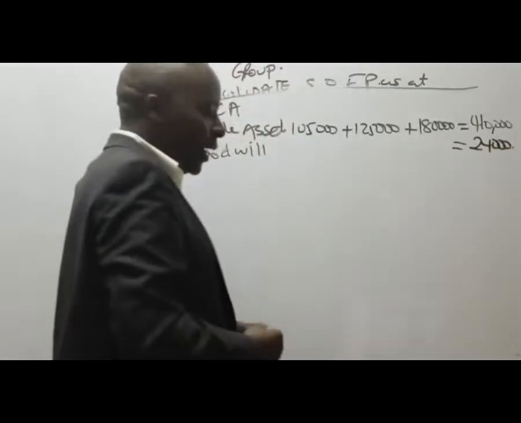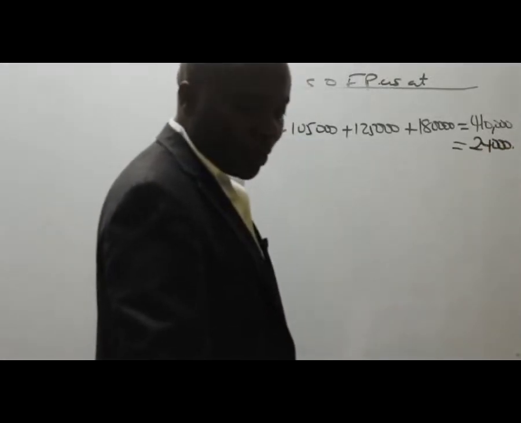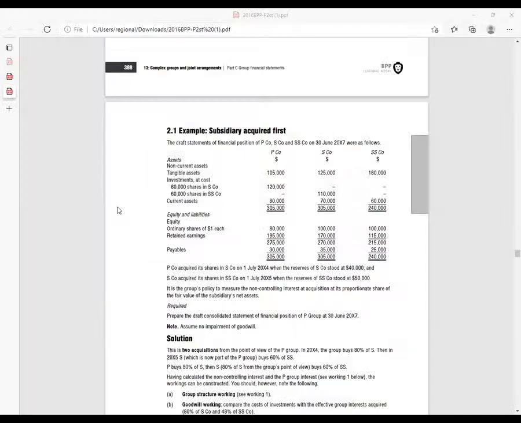Do we have any other non-current asset? None. So give me the current assets, I can see them: 80, 70, 60.